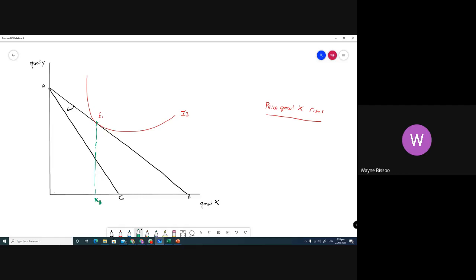Now, obviously, the budget line has come in, and I can no longer consume at that budget line. So I have no choice, but I have to move backwards because now my budget doesn't extend from OAB. That triangle no longer exists. I'm now inside this triangle OAC. So immediately you can see I can't afford anything outside of this triangle OAC, correct?